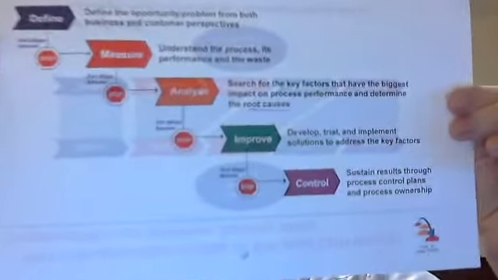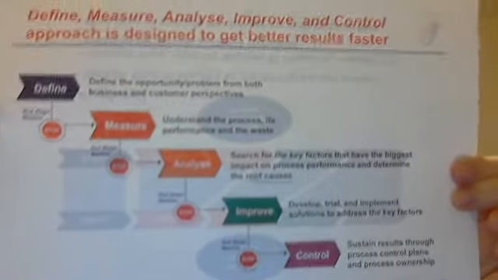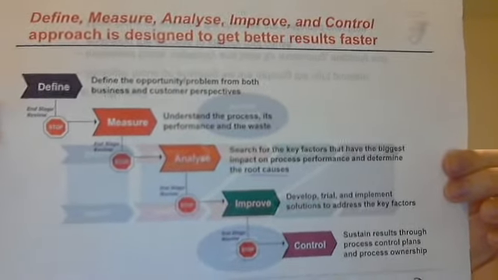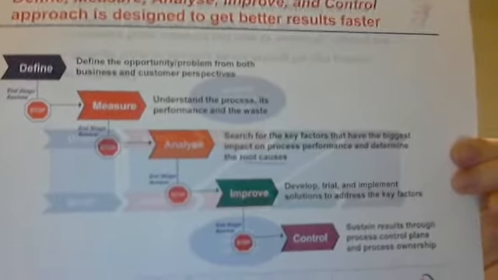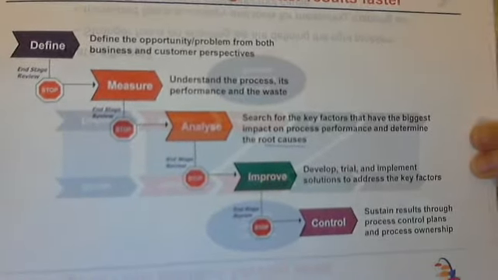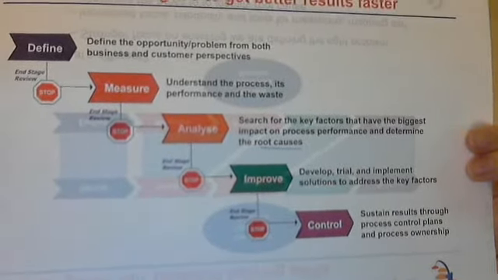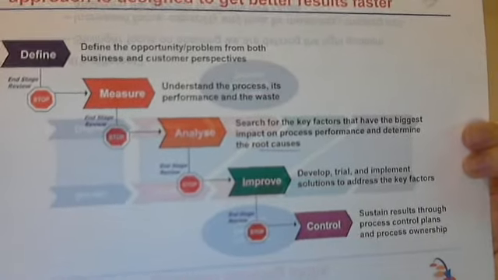Here's another page with some pretty colours on. Slide 15 for Chantal. With another model, define, measure, analyse, improve and control. Approach is designed to get better results faster. Define the opportunity or problem from both business and customer perspectives.